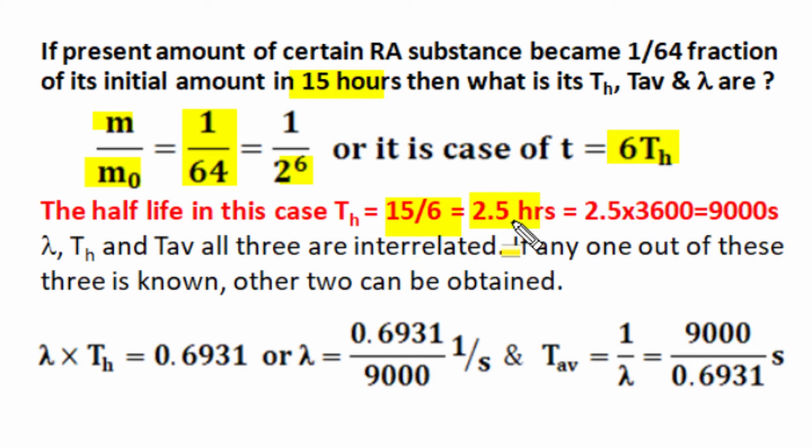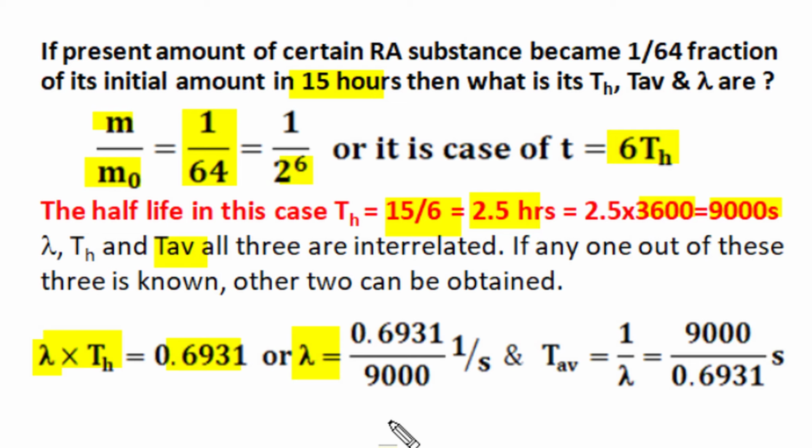Now we can convert hours into seconds. 1 hour has 3600 seconds. So the duration of one half-life is equal to 9000 seconds. Now decay constant, half-life and average life, all three are interrelated. So if any one of the three is known, we can find out the other two. As half-life is 9000 seconds, the product of decay constant and half-life is natural log 2 or 0.6931.